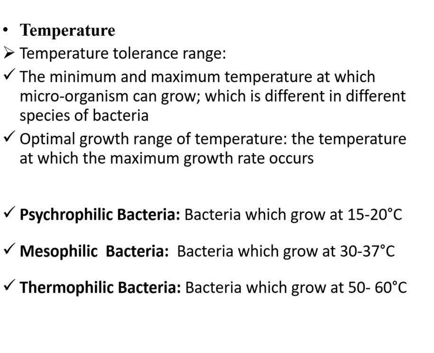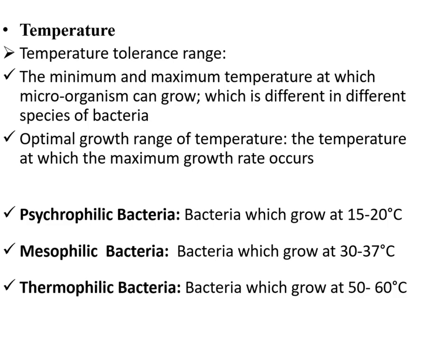Coming to the temperature, there are 3 different temperature ranges. We have psychrophilic bacteria, mesophilic bacteria and thermophiles. The optimum growth range of temperature is where we see the maximum growth rate.